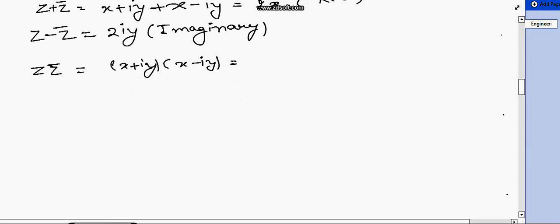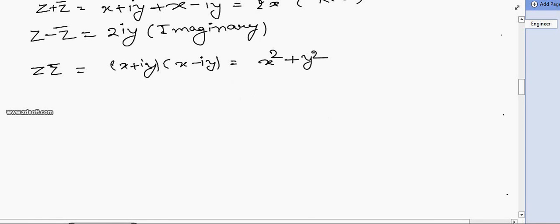Similarly, z into z bar would give x plus iy into x minus iy, which gives x square plus y square.